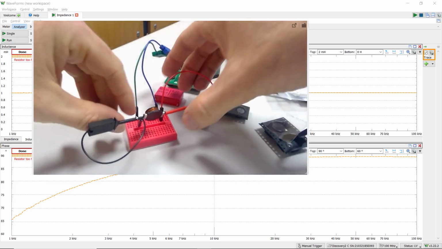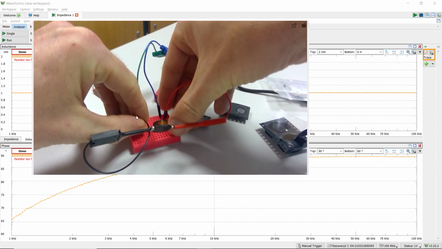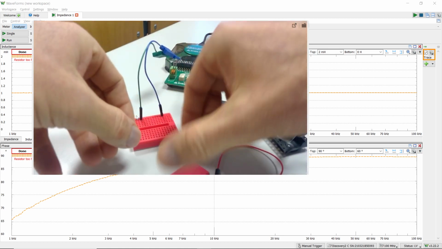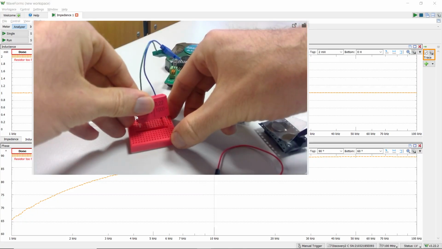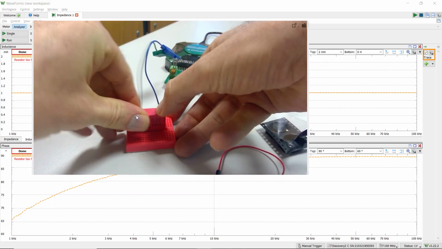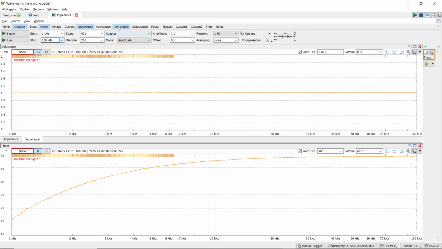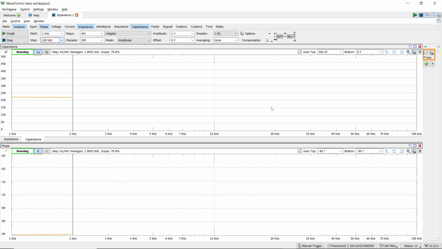And if I remove the inductor once again and connect the capacitor and do a last measurement with this capacitor, measuring capacitance and not inductance, and hit single, then we need to look at the scale here.